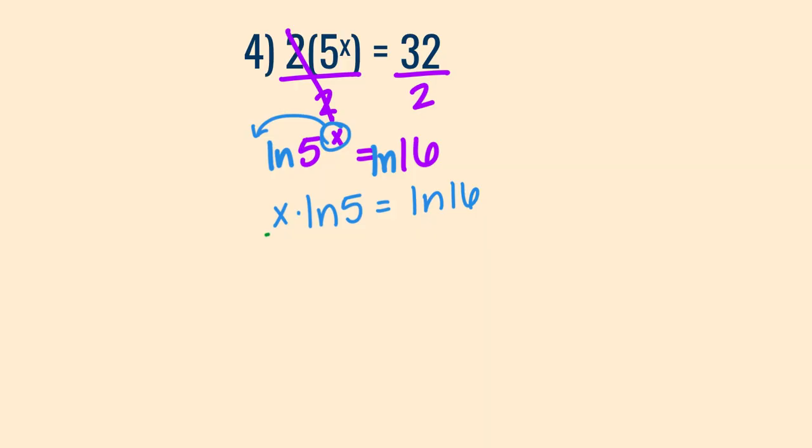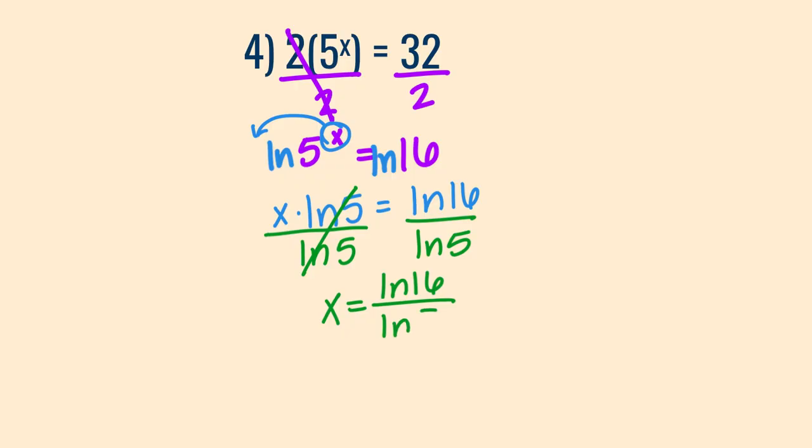Next, get that x by itself by dividing by ln of 5. These are going to cancel out. And I'm going to get x equals ln of 16 over ln of 5.